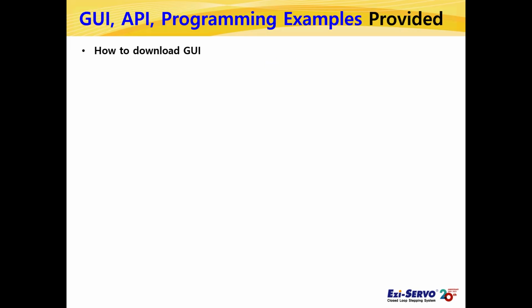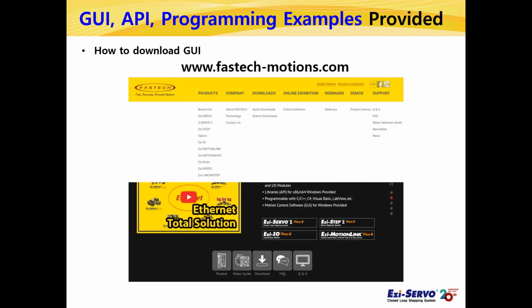As mentioned earlier, FASTECH provides GUI software, Ezi-Motion Plus-E, an API for Windows free of charge. First of all, the GUI software can be downloaded for free from the website. If you access the following address and place the mouse pointer on the Download tab of the homepage, the item called Quick Download appears.